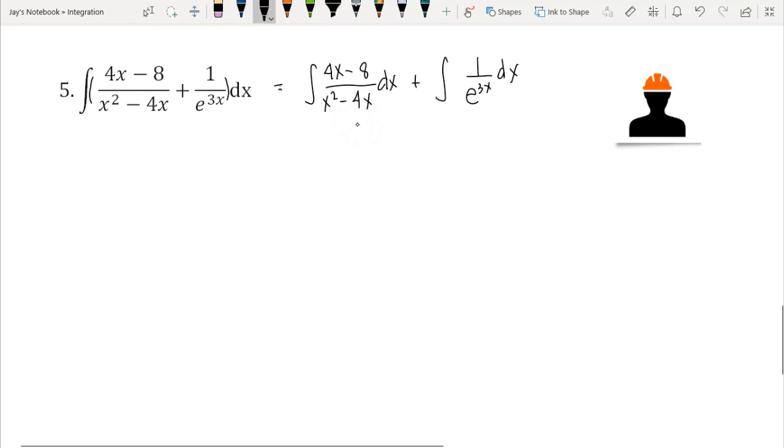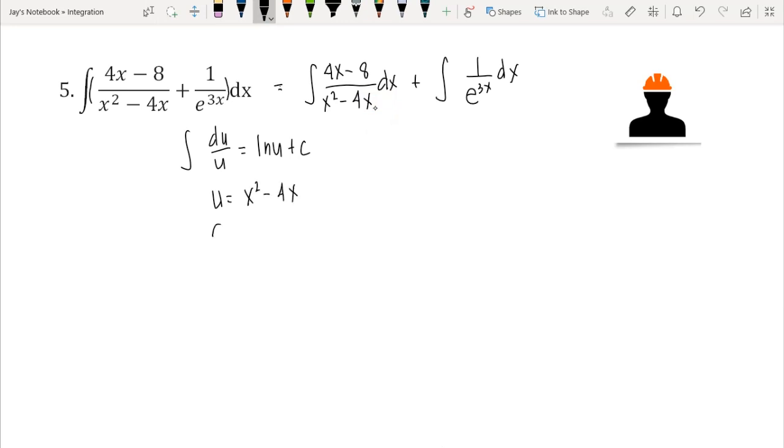We have 4x minus 8 over x squared minus 4x. So we can use partial fraction, but we could also use the rule du over u, that is the natural logarithm of u plus c. Now in this case, our u is x squared minus 4x.